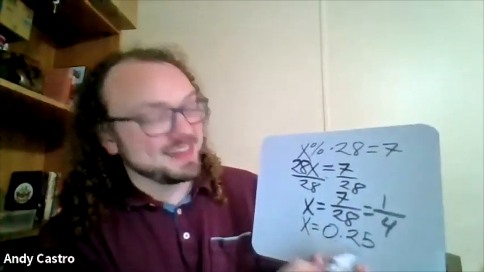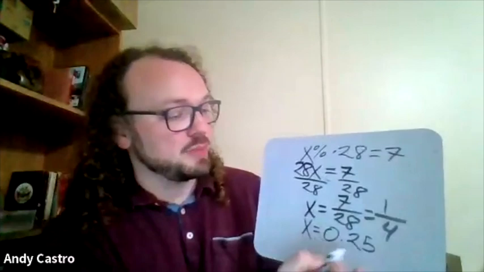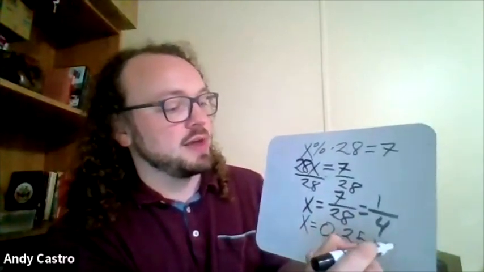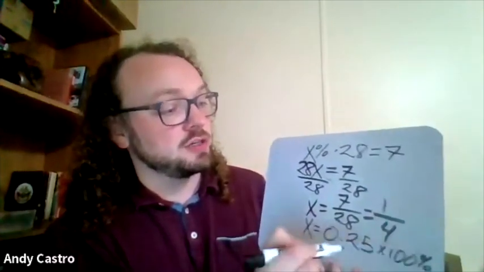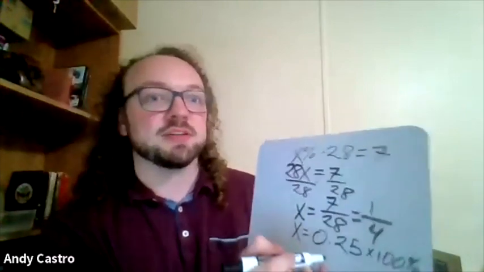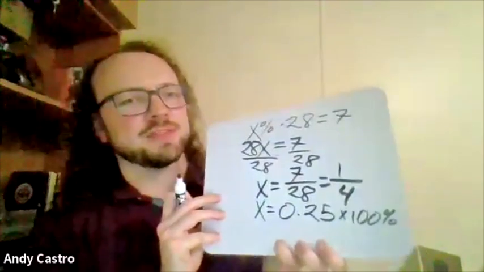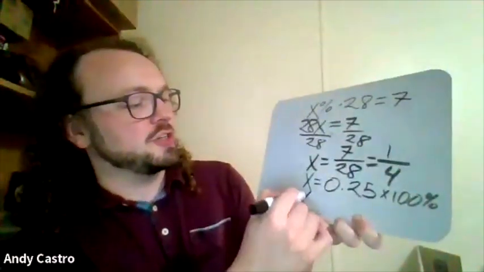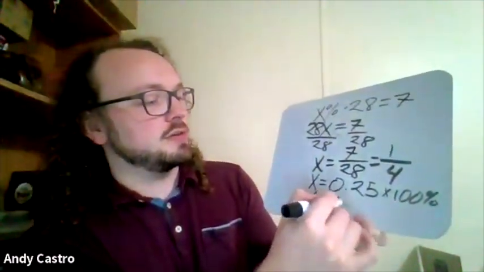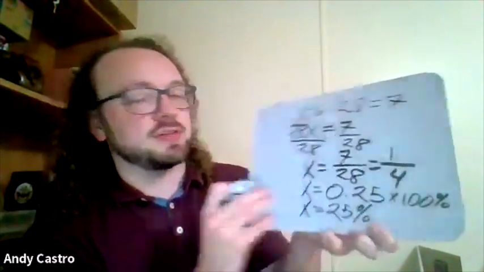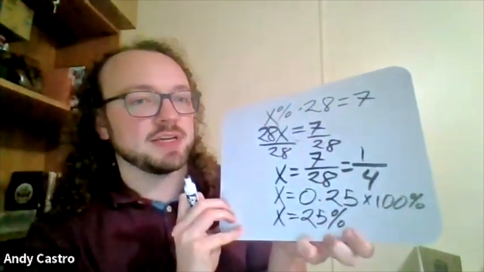And now this is a decimal, but I want it to be a percent. So I have to multiply by 100%. And percent means 100, so what I'm actually multiplying by there is 100 per 100, which is 1. So I'm not actually changing it. Right? And this turns out to be 25%.